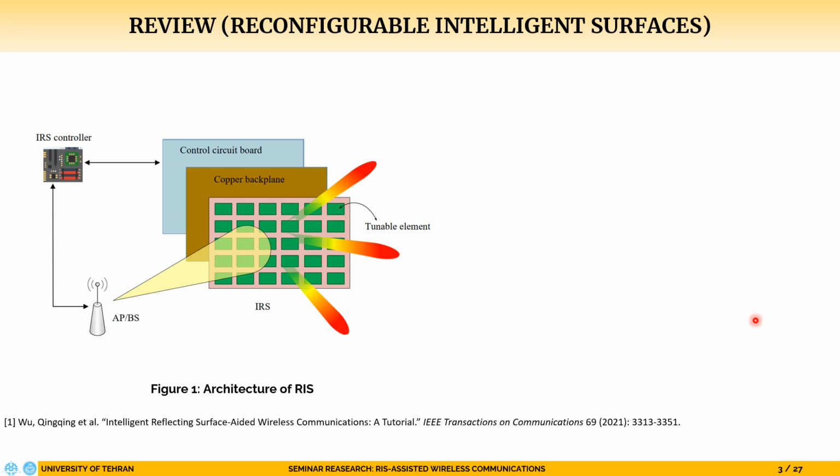In the background surface we have a copper plane, and behind it we have a control circuit board which is connected to an IRS controller which tunes the phase shifts of the elements, and the IRS controller is connected to an access point or base station via a backhaul link, wirelessly or wiredly.